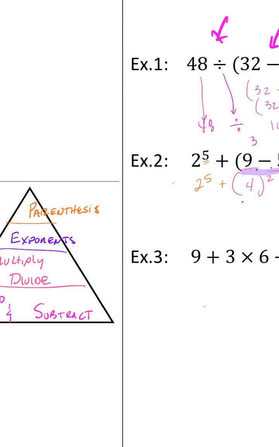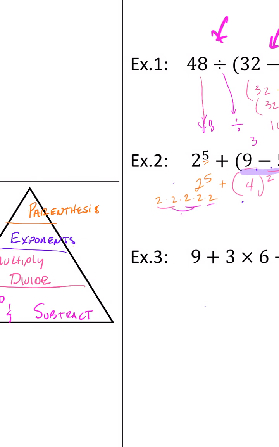Now you got to remember what 2 to the 5th means, okay? So 2 to the 5th means you're going to have 2 times 2 times 2 times 2 times 2. This is a really good one to know for your hundreds chart, okay? You might have already seen it as you were working towards your hundreds chart. But what that means is this is going to be 4 times 4 times 2.